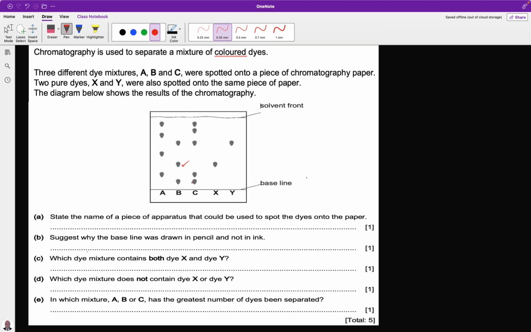X is present in B. Y is here, and that is also present in B. So the dye here in B is present in X, and this dye here in B is also present in Y. So our answer for C is B.